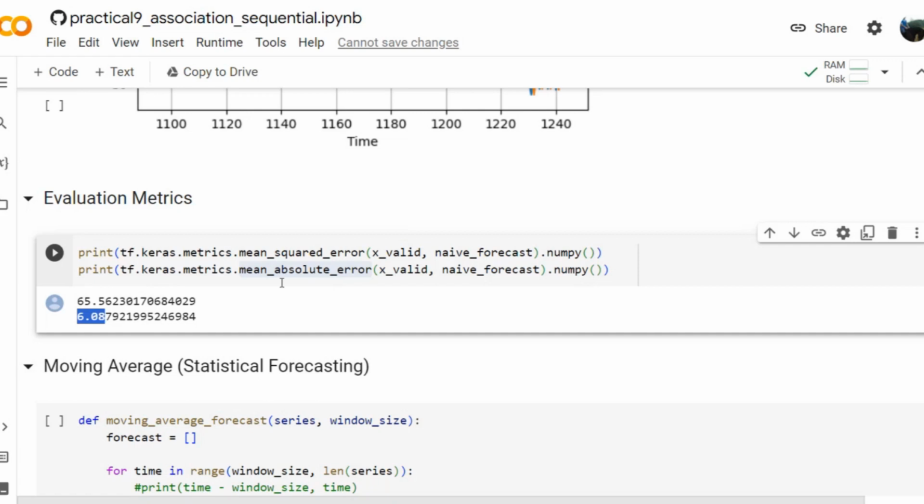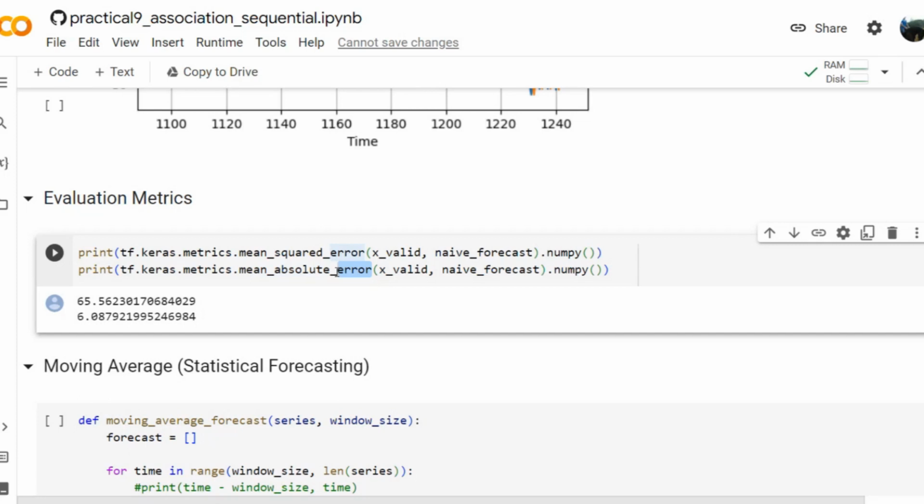Now, since this is the mean absolute error, should the subsequent model, whatever model we are using, be better or worse than this value? Better. Better means? Yeah, it should be less than 6.08, right? So this is the naive forecasting. We can fix it as a benchmark. The following models, whatever you are doing, are supposed to get lower than this value, because this is error.